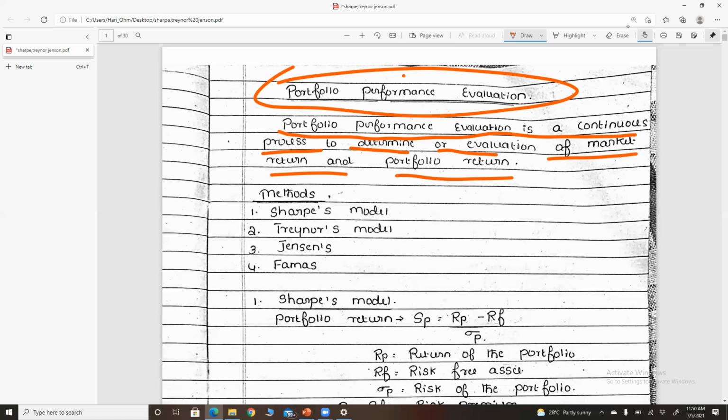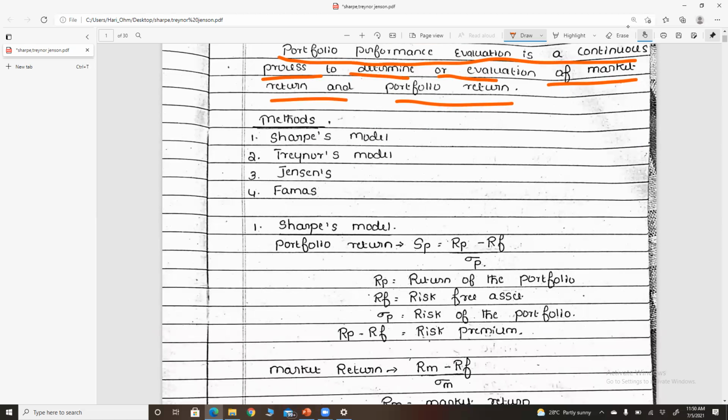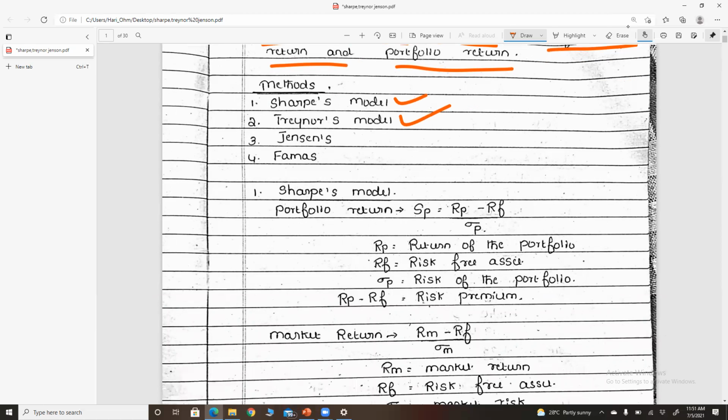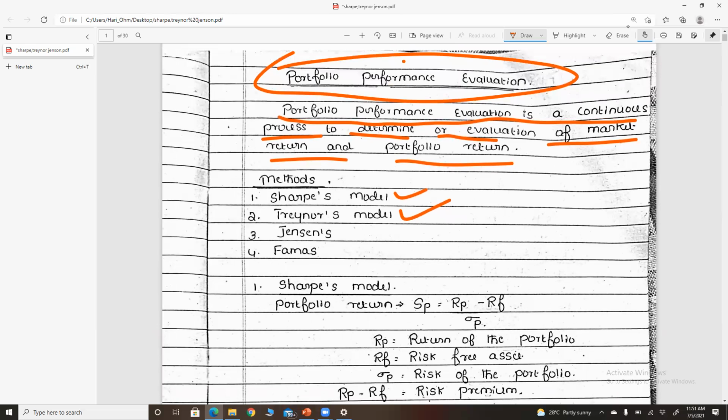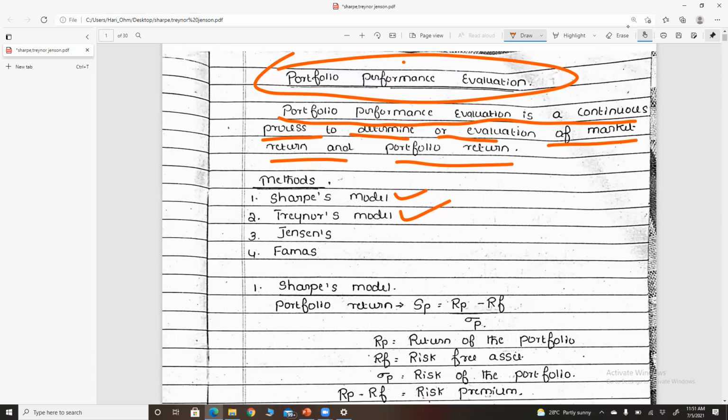This chapter is very important as far as practical is concerned. Usually these two models, Sharpe's model and Treynor's model, are very important. In portfolio performance evaluation, four people, Sharpe, Treynor, Jensen, and Fama, gave their own models to evaluate the portfolio.